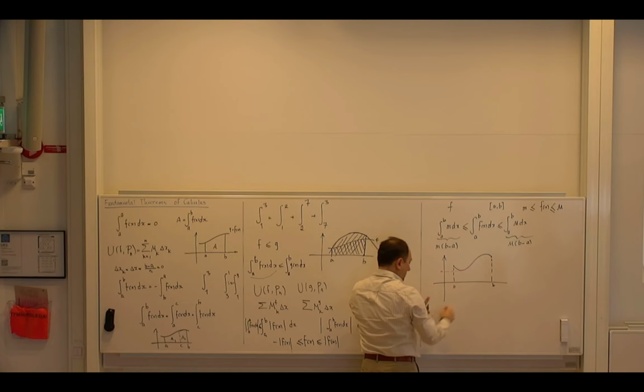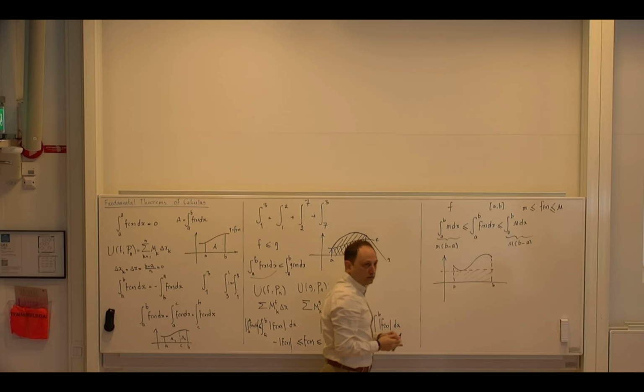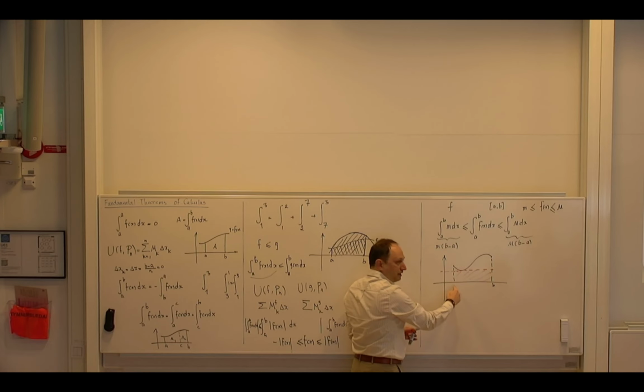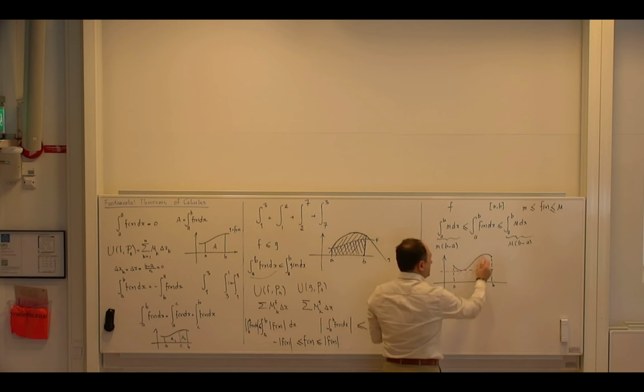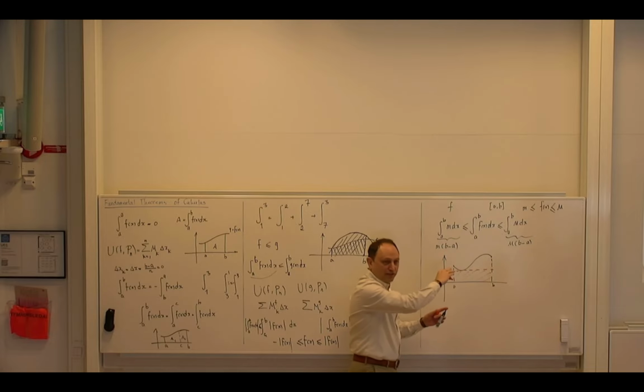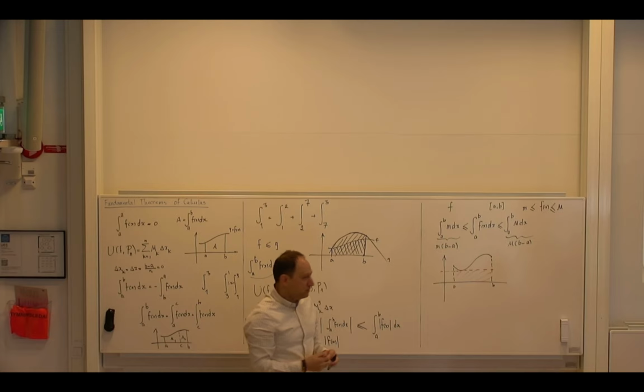So if I multiply them, what happens? I am calculating the area of this rectangle. And the area of this rectangle clearly is smaller than the area below the curve. And the area below the curve is nothing except this integral. So from a geometrical point of view, all of them are simple. And then if I take the maximum, I make another rectangle, but clearly the area of that rectangle is bigger than the area below the curve. Yeah, so these are understandable.